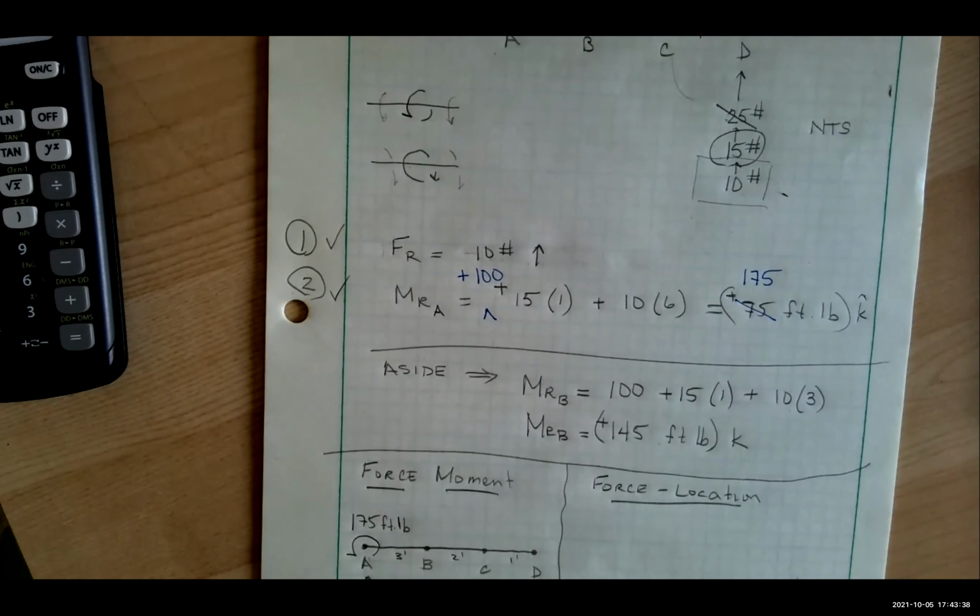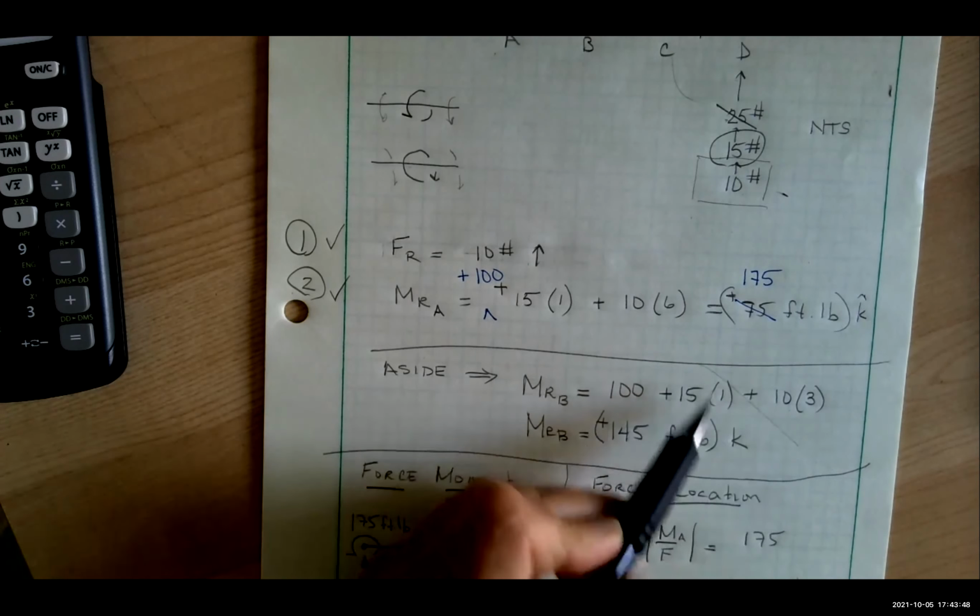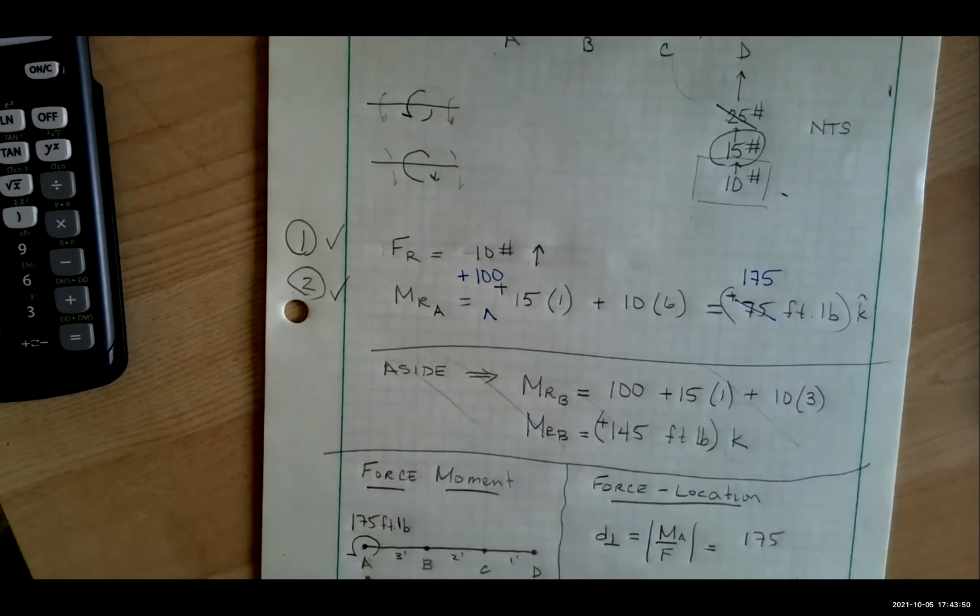In a force location problem, the next step is to find the perpendicular distance, which is the moment over the force, which is 175. Remember, this is an aside, because I want to find it about A, over 10. So the perpendicular distance is 17.5 feet.